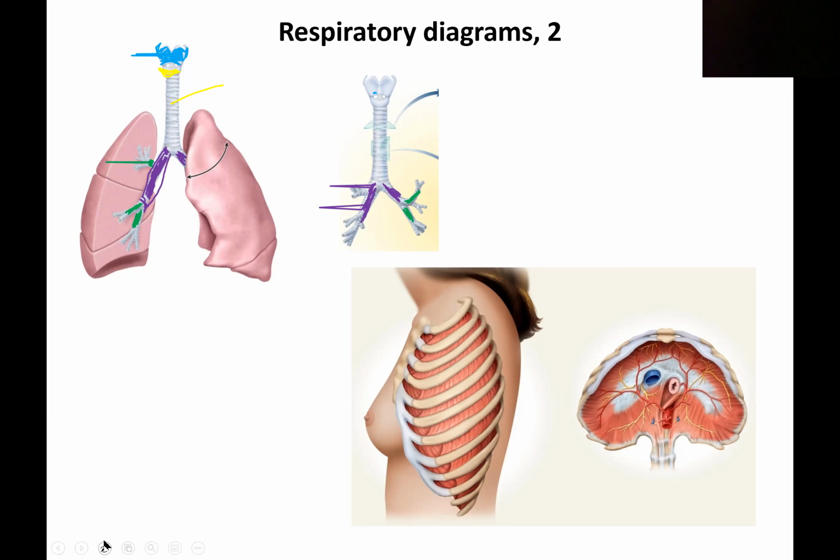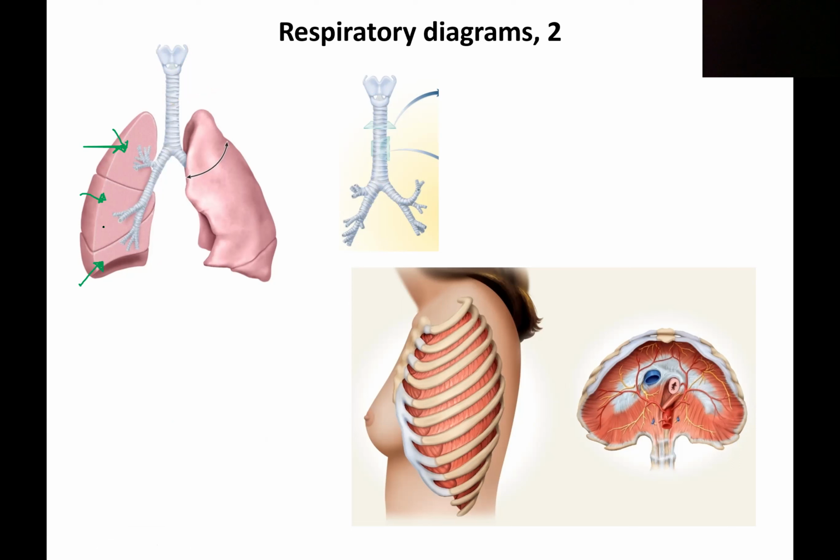Okay, then you have the lobes of the lung. So superior lobe of the right lung, medial lobe of the right lung, inferior lobe of the right lung.